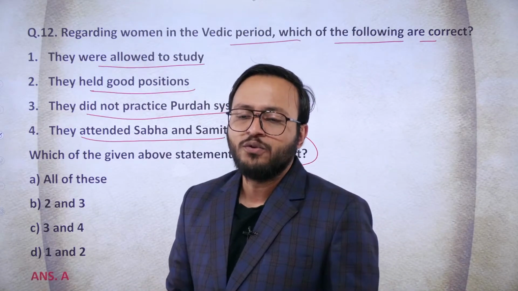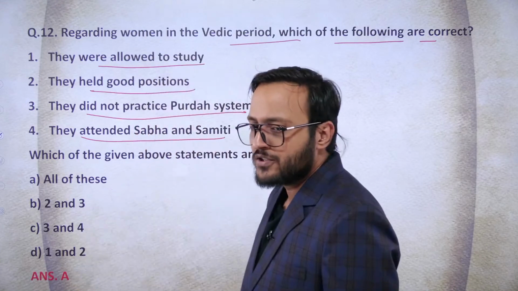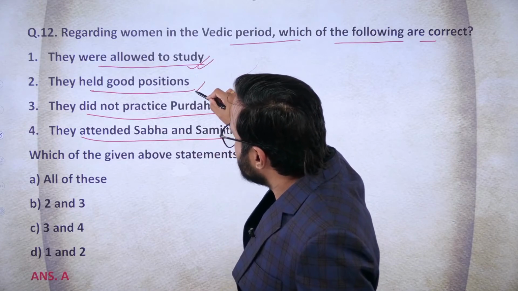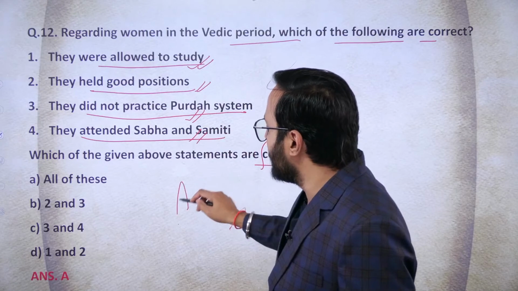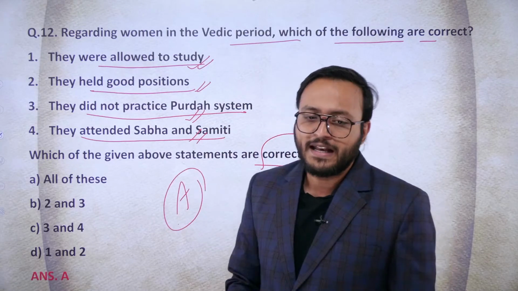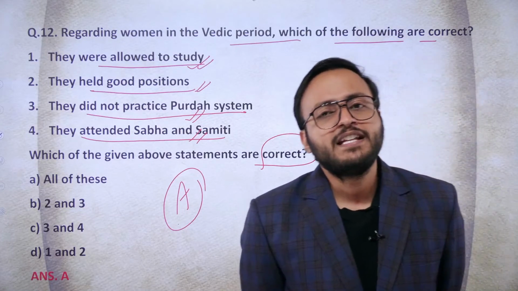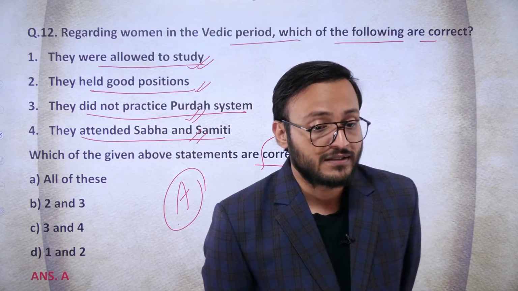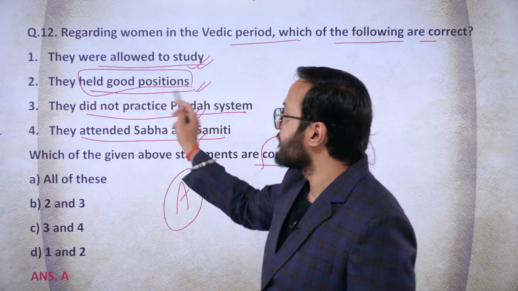So here let me tell you that in this question, all of them should be correct, which means that during the Vedic period, some of the people might be having doubt that, sir, how is this correct that they held good positions?